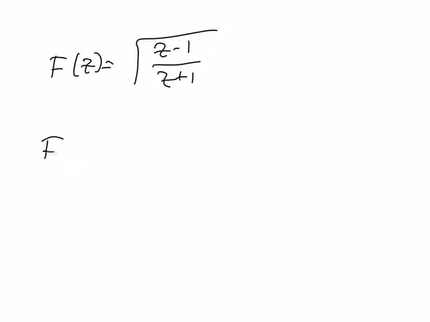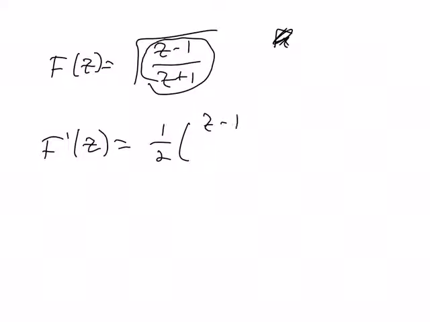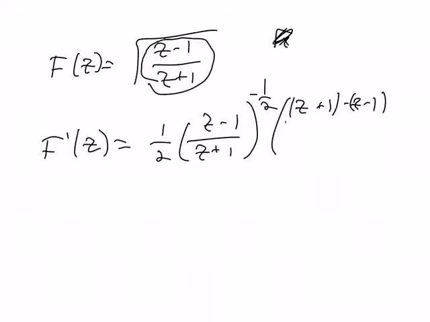Next problem, f of z is equal to square root of z minus 1 over z plus 1. So f prime of z is going to equal, so this is the function inside, and the function outside is basically that, or square root of z. So we're going to get a half, keeping the function inside, to the negative a half power, and now taking the derivative of the function inside, which by the quotient rule gives us this, z plus 1 times 1 minus z minus 1 times 1 over z plus 1 squared.